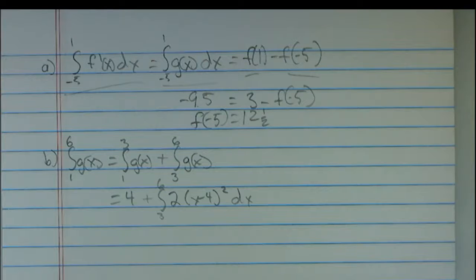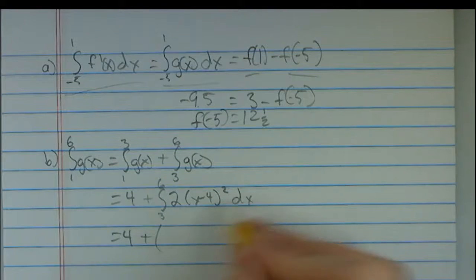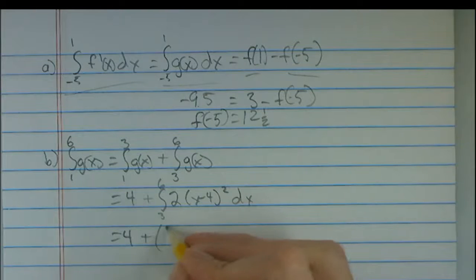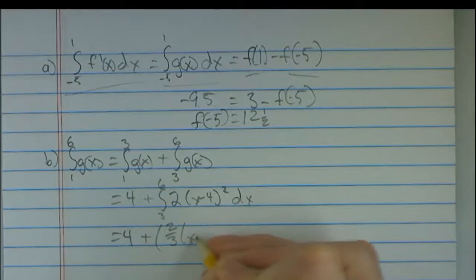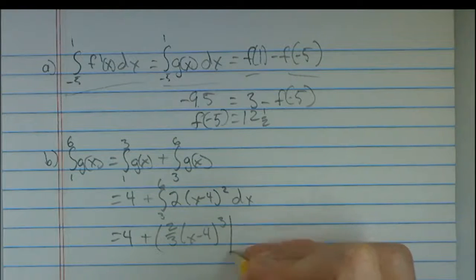So what is that? Add 1, divide by that. We don't have to do anything with the 2 because that's just going to be 1. 2/3 times (x minus 4) cubed between 3 and 6.